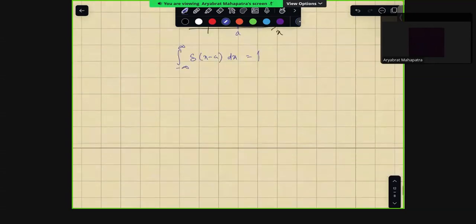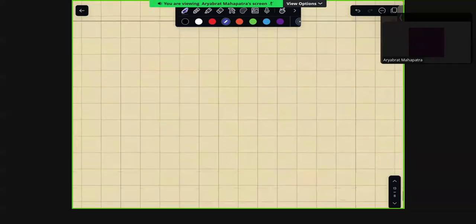And then finally there was the last topic on series solutions. In series solutions, basically we saw how differential equations can be solved using the power series method.